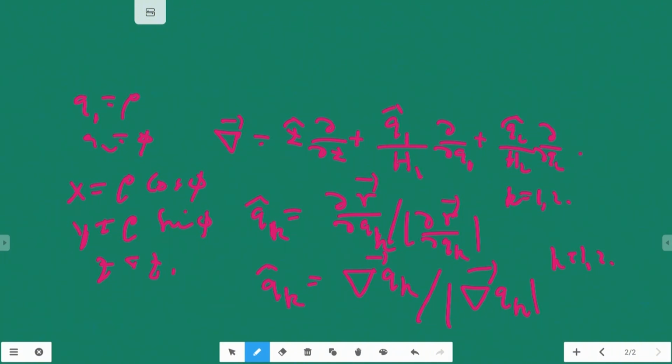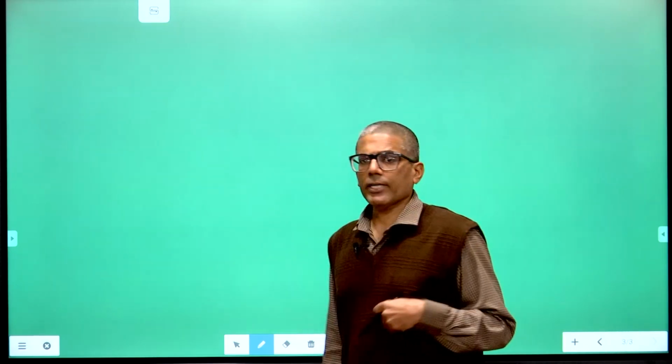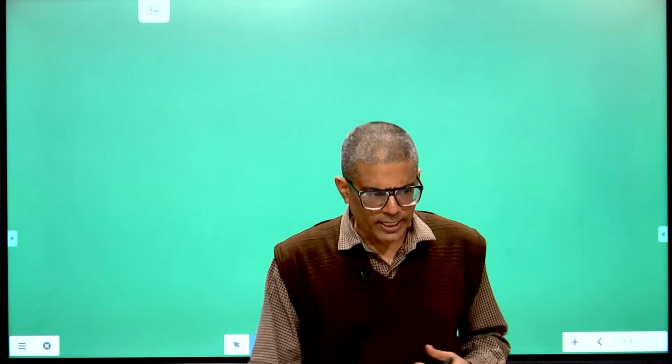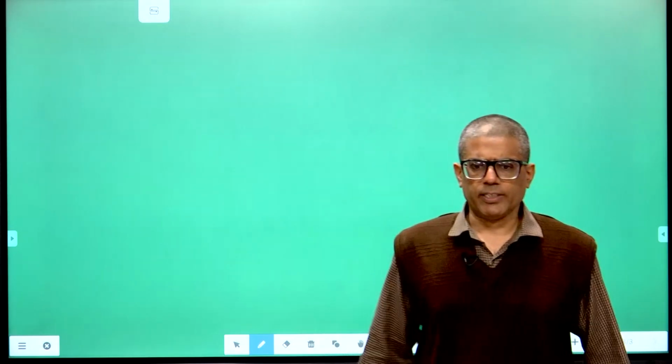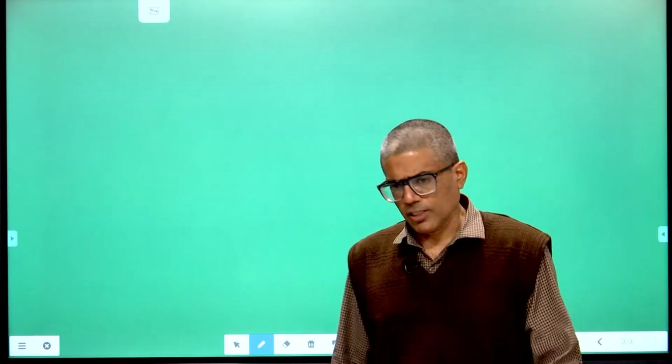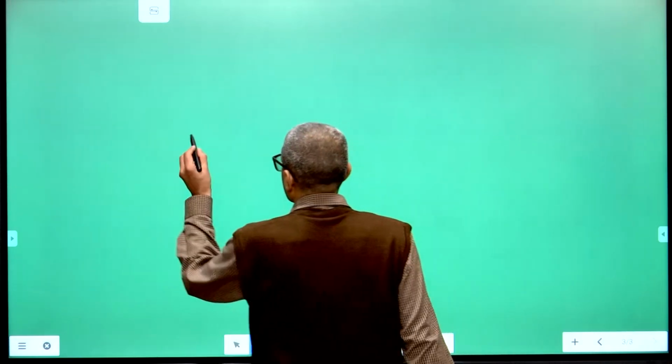So these two expressions are equal. From this you can deduce this formula for the gradient. Likewise, you can derive formulas for the curl, the gradient, the divergence, or the Laplacian of a vector field in any orthogonal curvilinear coordinate system with simple expressions.